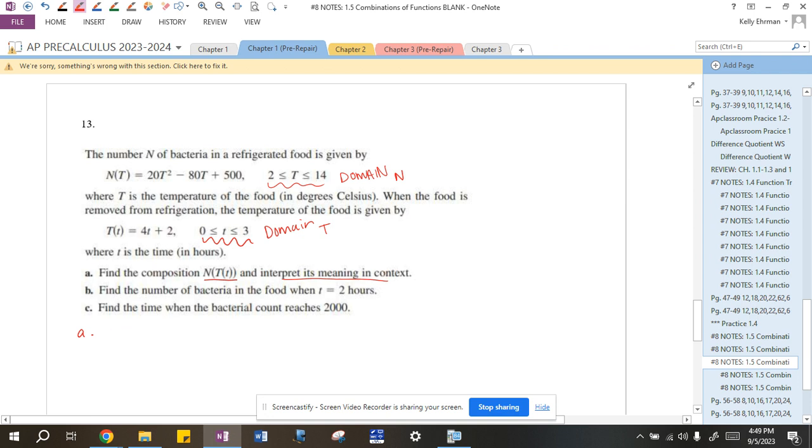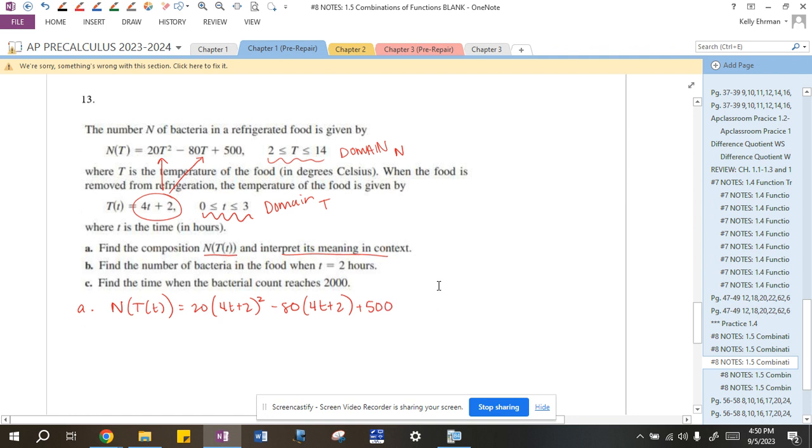So if we plug T into N's function there and there, we would get N of T. That'd be 20 times (4t + 2) squared minus 80 times (4t + 2) plus 500.